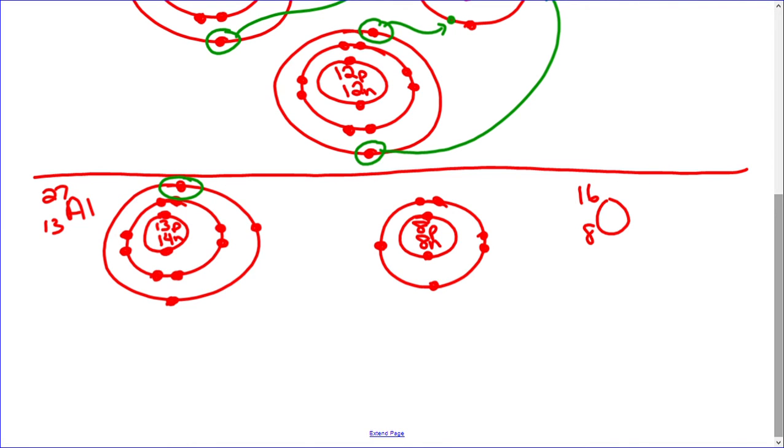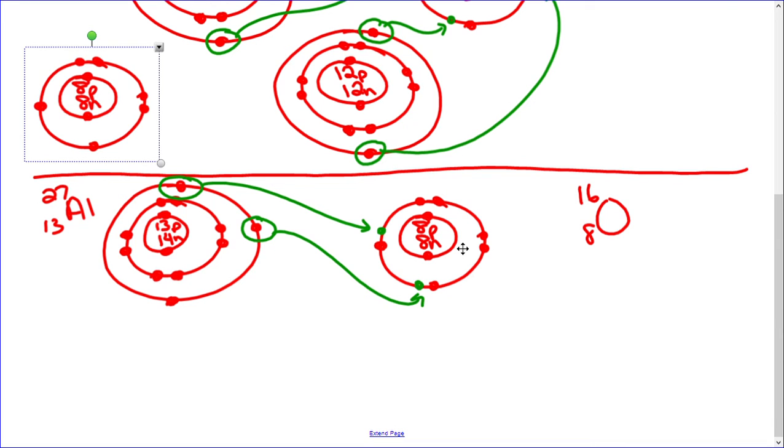So aluminum is going to start donating its electrons to oxygen, the same way it did before. But now oxygen's full after aluminum only donated 2. So I'm going to have to introduce another oxygen into our problem here, so I have another spot for the extra aluminum to go.